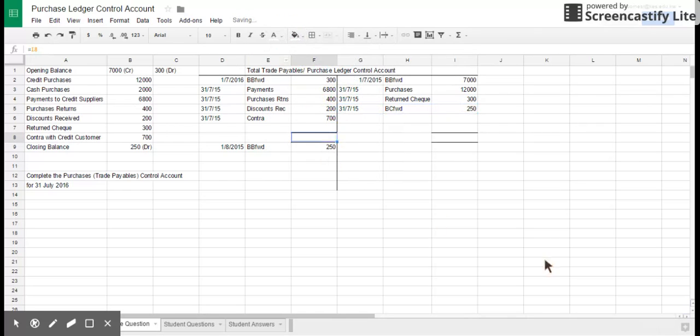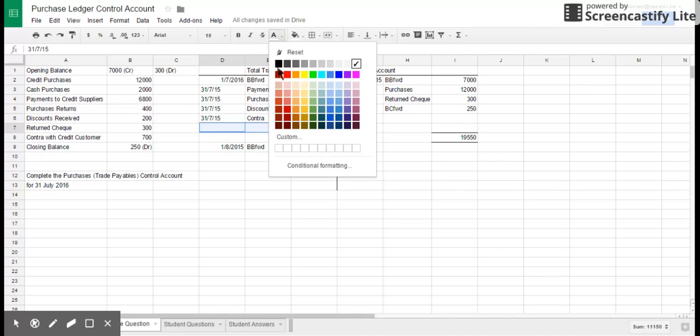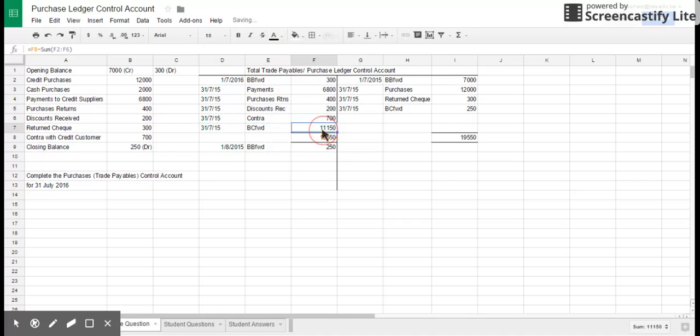So I've done that. Biggest side is going to be the credit side. So let's see how big it is. 19,550, and therefore the last thing I need to do is put in my balance carry forward at the end of the month, which means that I owe my suppliers a total of $11,150.